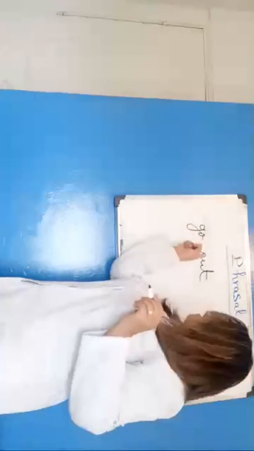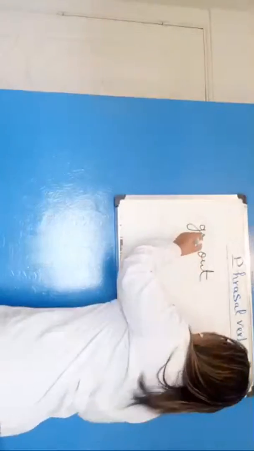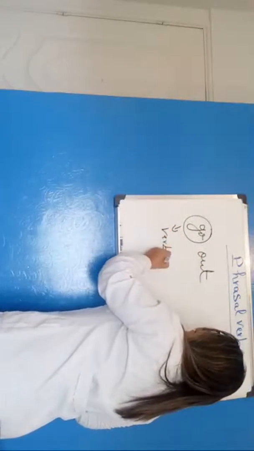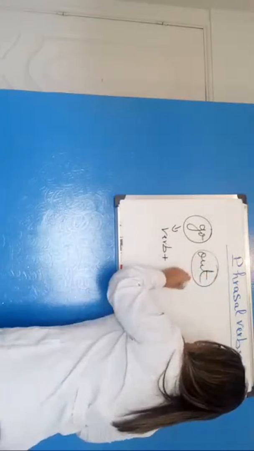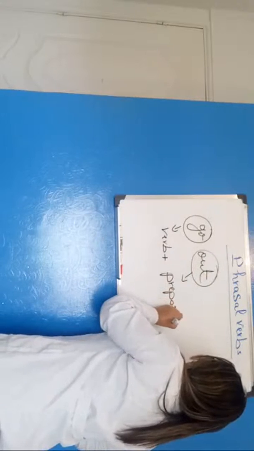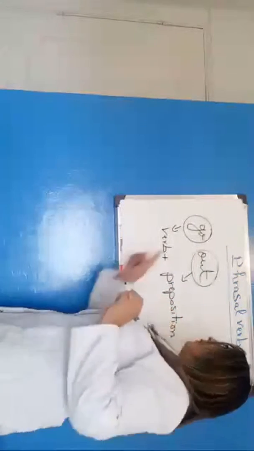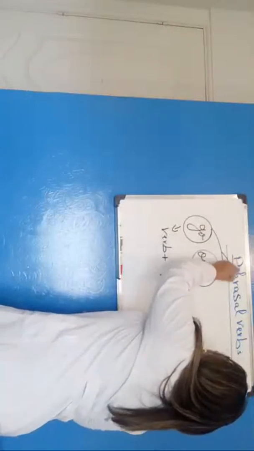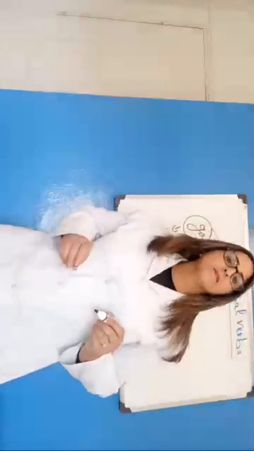So here I have a preposition. So I have a verb plus preposition. When I have a verb plus preposition, we say I have a phrasal verb.